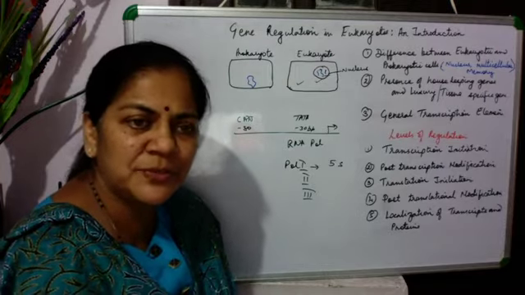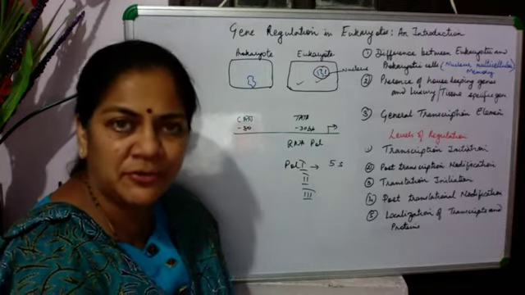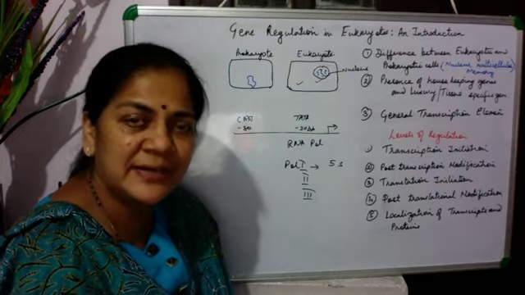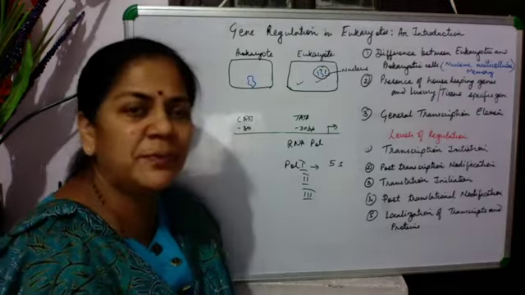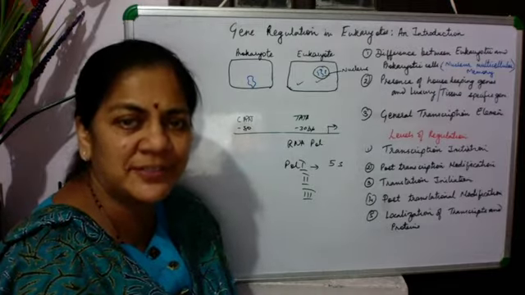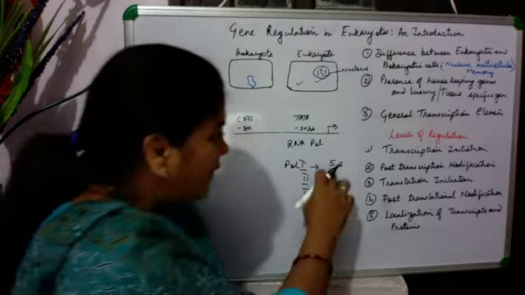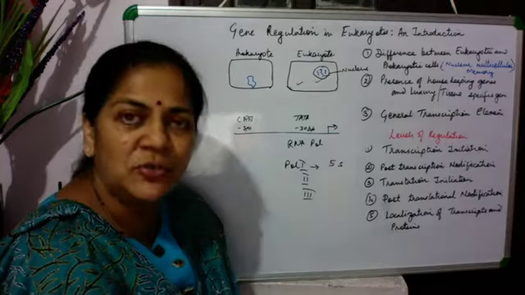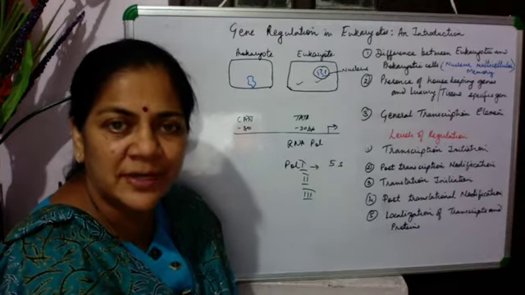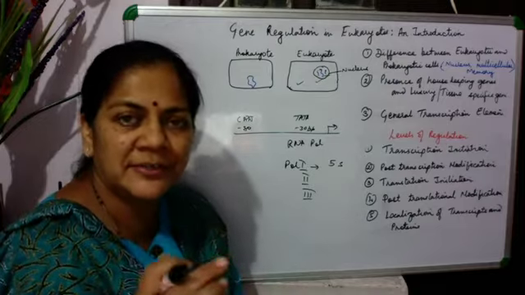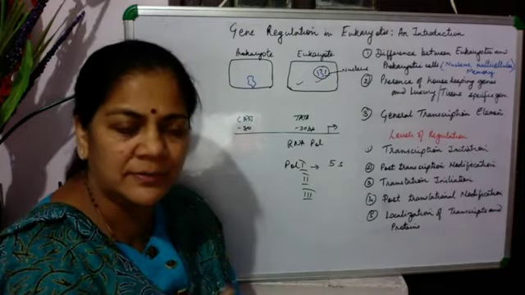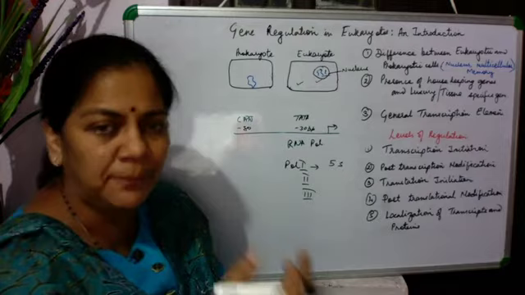It is also responsible for transcription of all the microRNAs, some siRNAs, and some small nuclear RNAs. Pol 3 is responsible for synthesis of transfer RNAs, 5S RNA, and some small nuclear RNAs. So a distinct set of transcripts are synthesized by different polymerases.